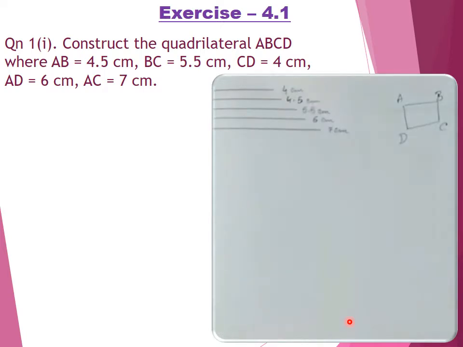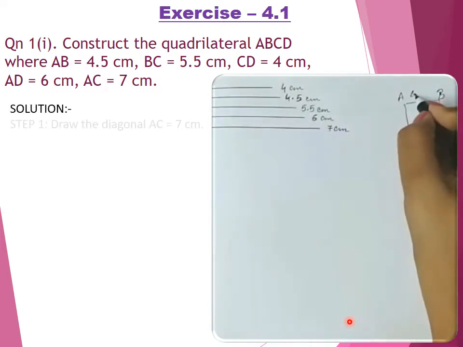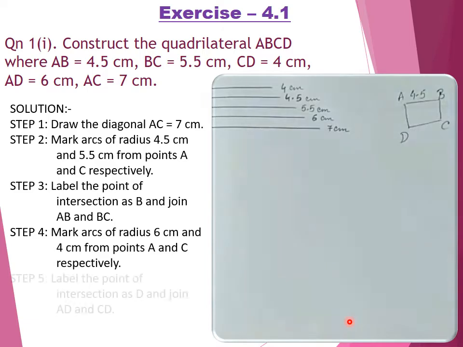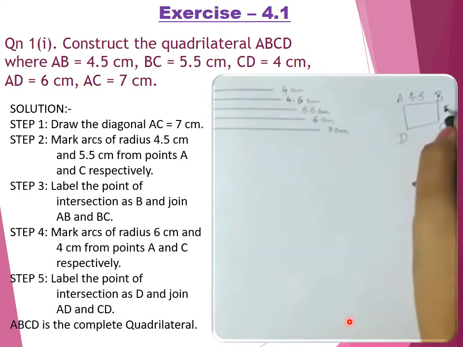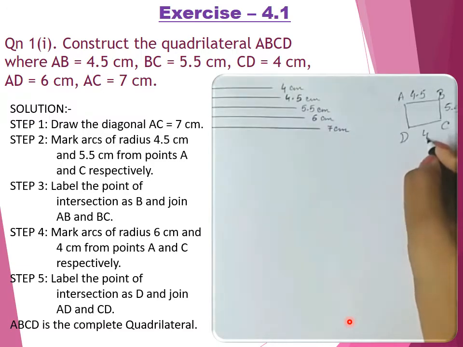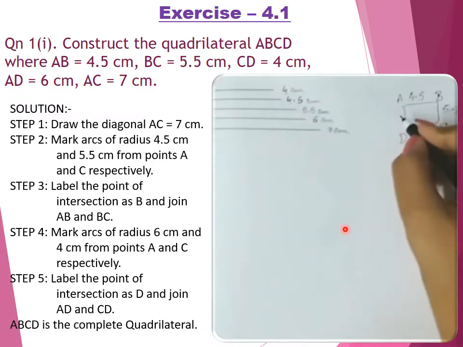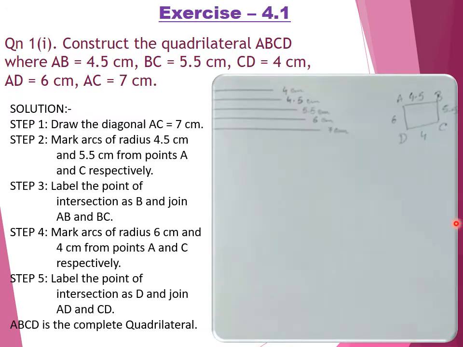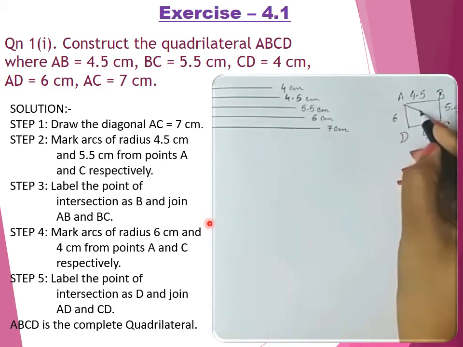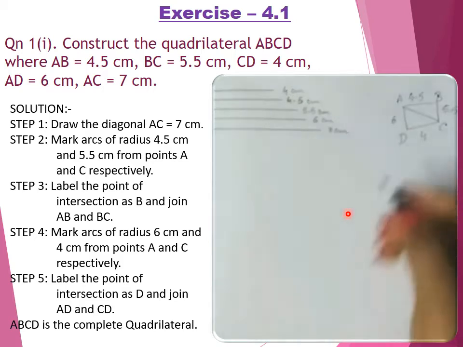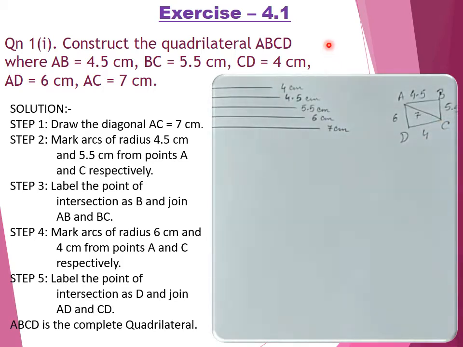According to the question, the length of AB is given as 4.5, the length of BC is 5.5, the length of CD is equal to 4, the length of AD is equal to 6 cm and AC is equal to 7 cm. So according to the diagram, AC is the diagonal which is 7 cm in length.